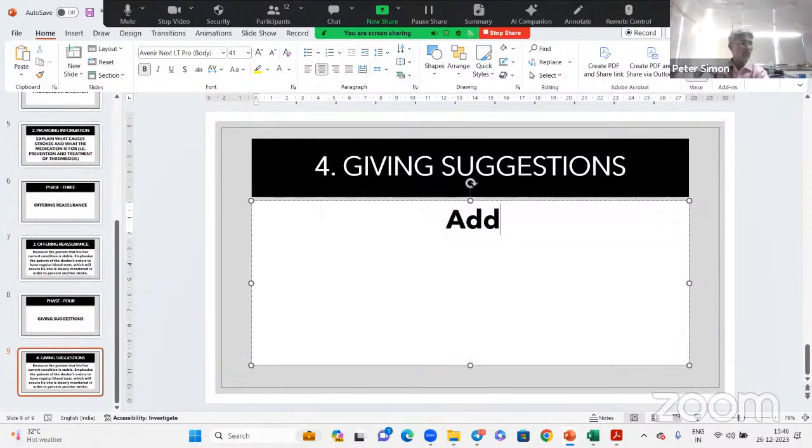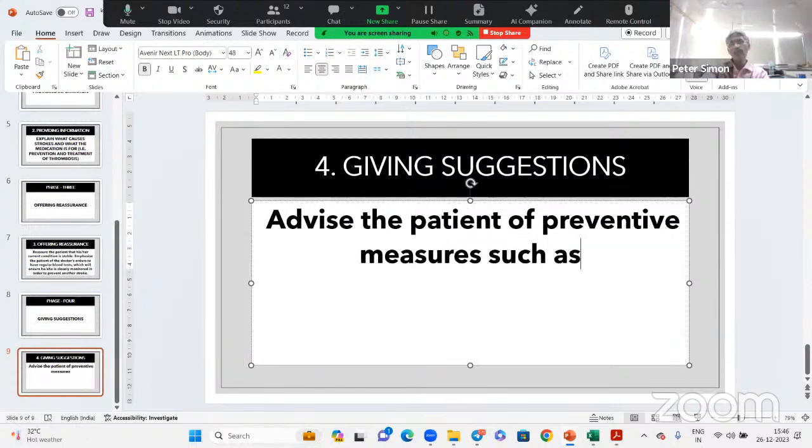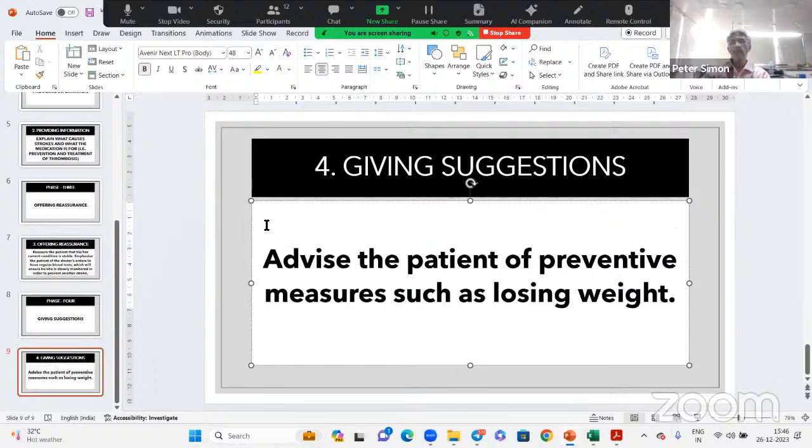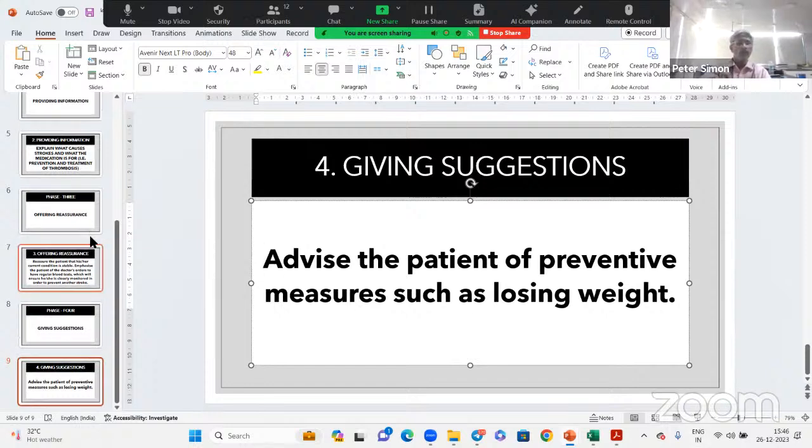Advise the patient of preventive measures such as losing weight. So these are the 4 things.